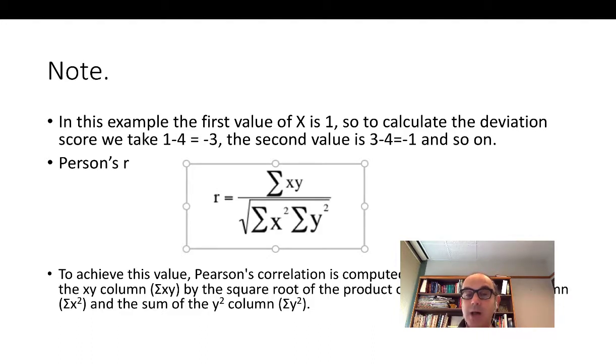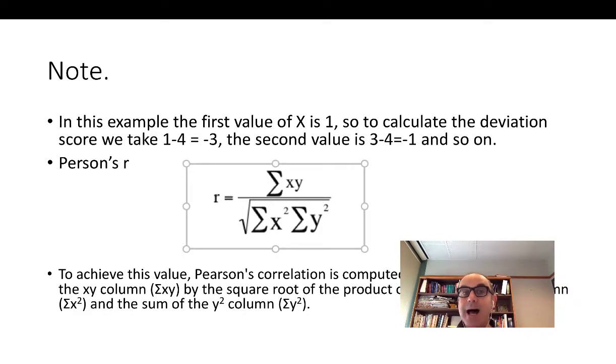So for Pearson's r score, we have to calculate the whole line of calculation: the sum of x and y, over the square root of the product of the sum of x squared and the sum of y squared.